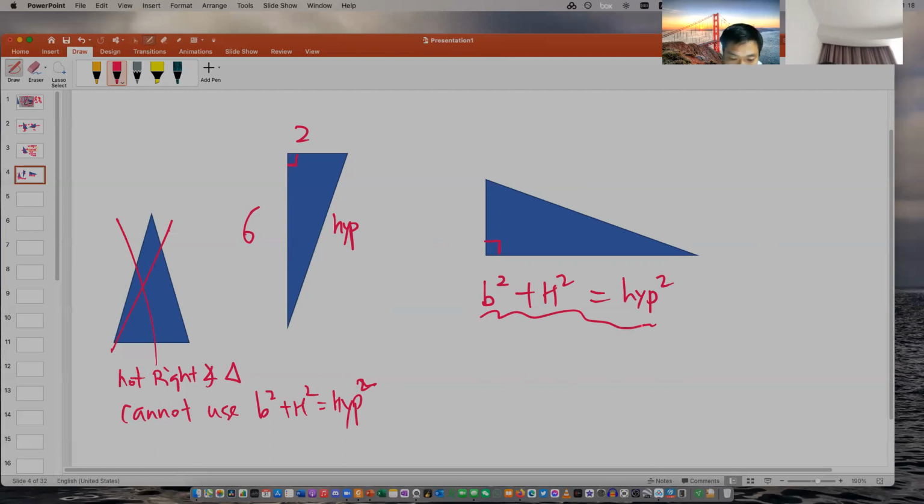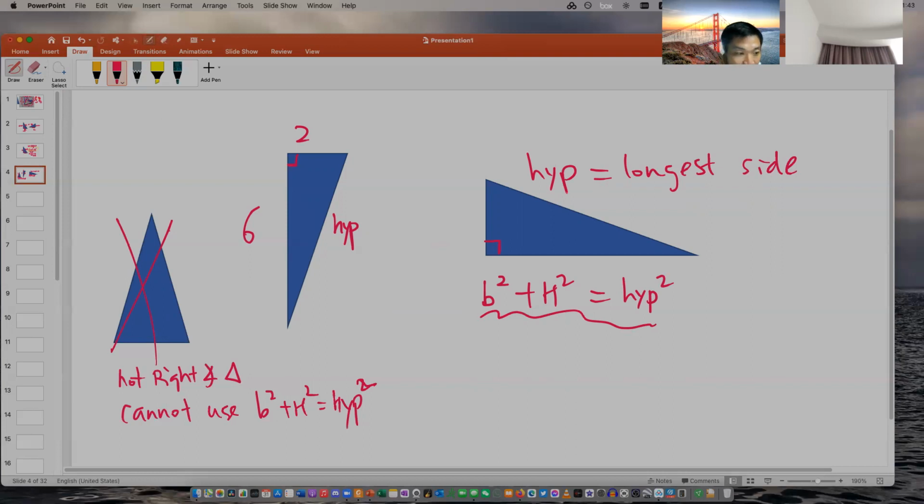Another thing to note: the hypotenuse side is always the longest side. I know sometimes it's hard to identify which one is the hypotenuse.